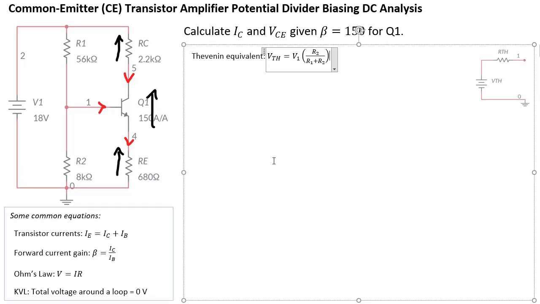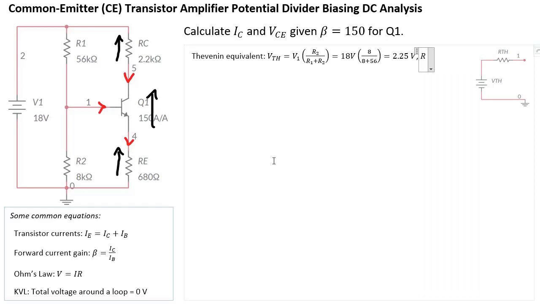Let's work it out straight away. V1 is 18 volts, and R2 over R2 plus R1 is simply 8K over 8K plus 56K, 8 divided by 8 plus 56, so that's going to equal 2.25 volts.